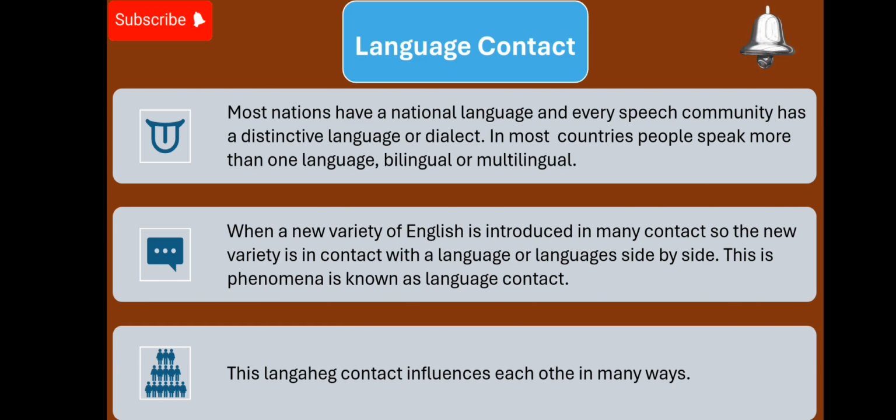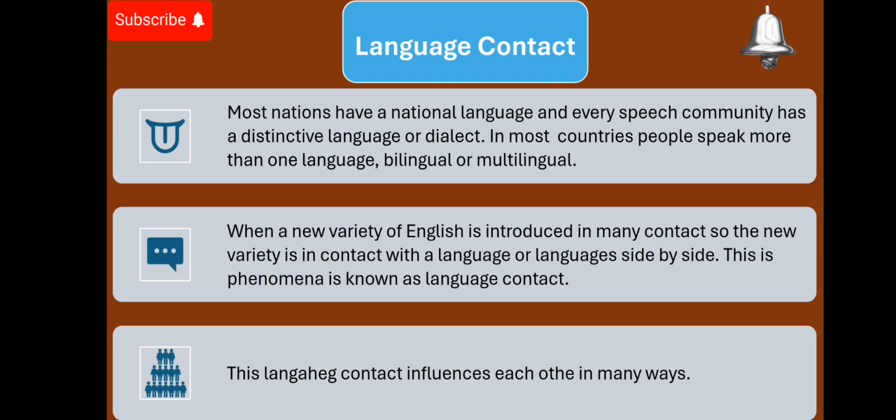Whenever you are acquiring English, you already have your mother tongue and national language in your mind, so sometimes you give a local touch to English. You might have noticed that he speaks English in Punjabi, he speaks English in Farsi, and she speaks English in Pashto. That is the local touch, the pronunciation or accent of your language that affects English.